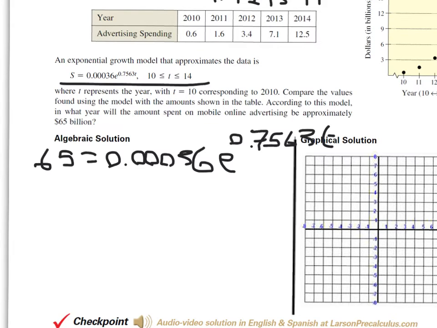Now, of course, we can go through and graph it on this graph right here, and then look to find out when t gives 60, or when it gives 65, and then you've got your answer.